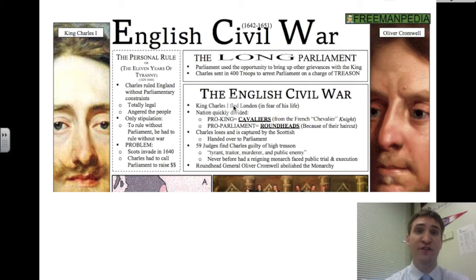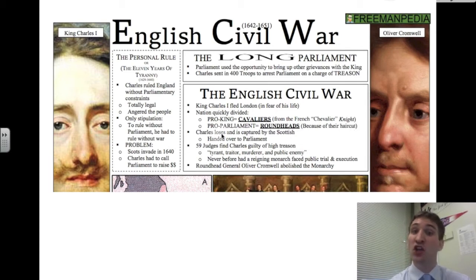Charles I flees London in fear of his life because Parliament uses their grievances to send troops. And the nation quickly divides. You have those who are pro-king, the Cavaliers, which is from the French chevalier, meaning knight. And then you have the pro-Parliament members, like I said, those called the Roundheads because of their haircuts.